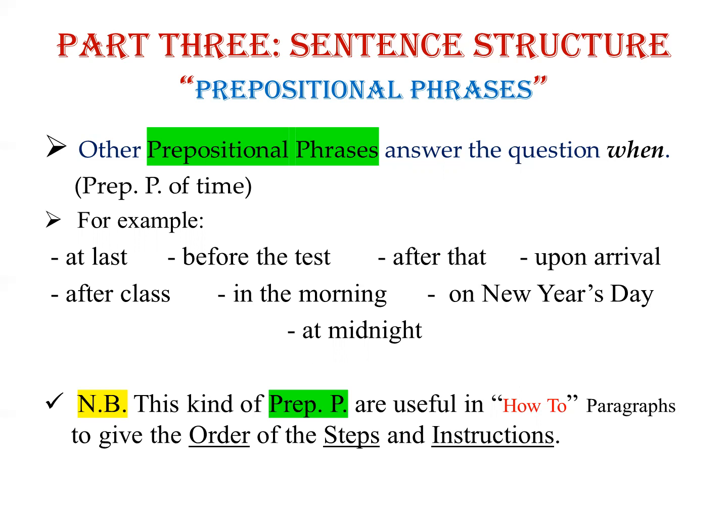And this kind of prepositional phrase is really important because it tells you the time to order or organize your steps and instructions. So always put a lot of prepositional phrases of time in how-to paragraphs because they're really important in this kind of paragraphs.